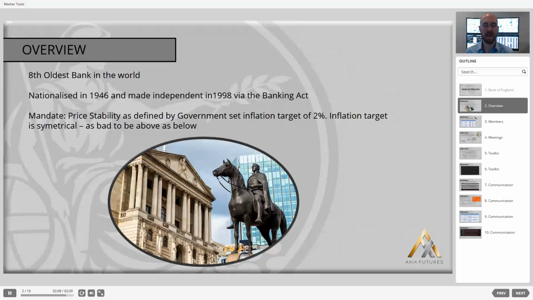Incidentally, if inflation does rise above 3%, there is an open letter that has to be written to the Chancellor by the Bank of England explaining the reasons for this, which can give a little bit of insight into how they feel that inflation is going to revert back to 2% in future.